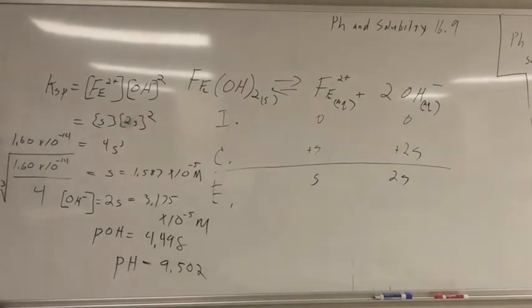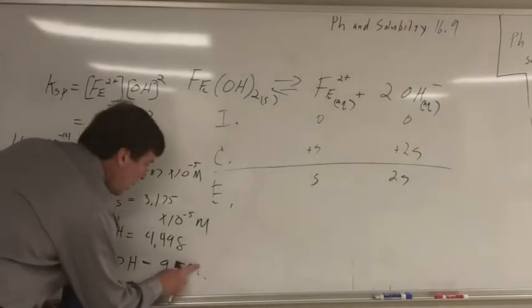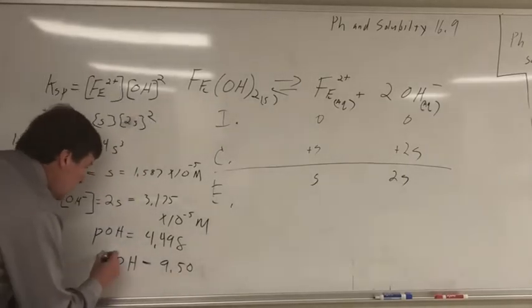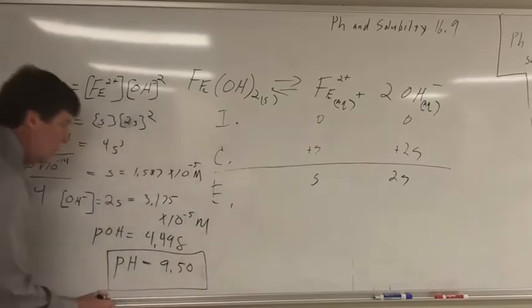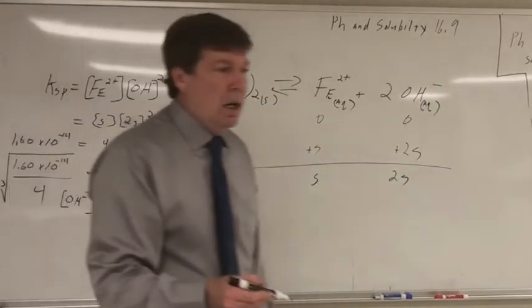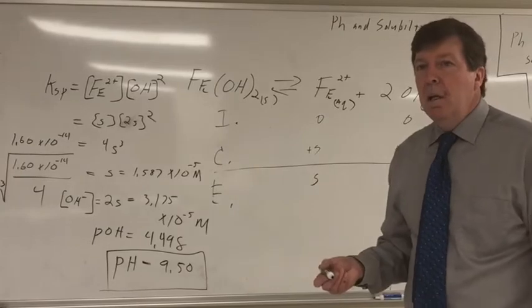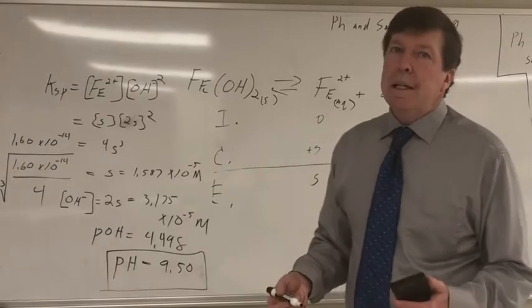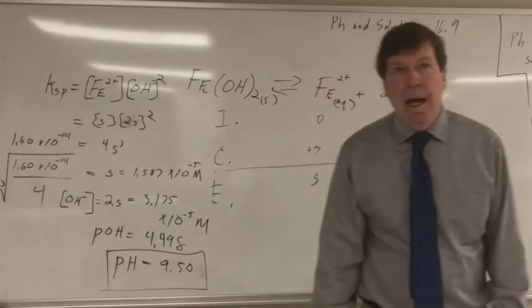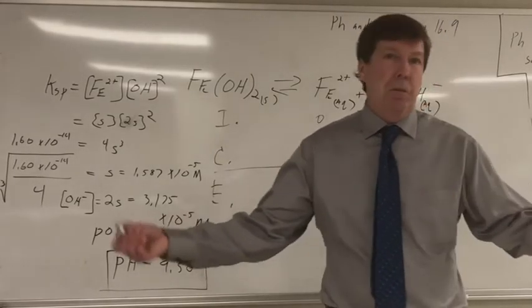It looks like my KSP has 3, so I'm going to make this my final answer. Typically on the AP exam, it's going to be 3 sig figs, and when in doubt, put 3.